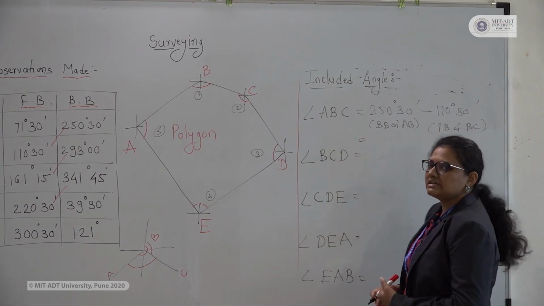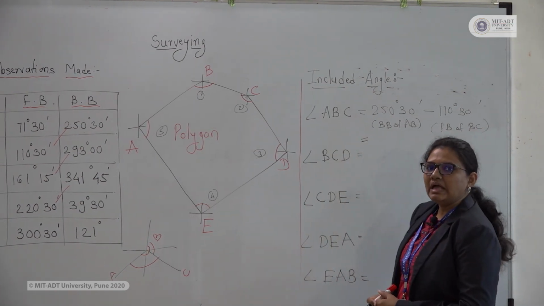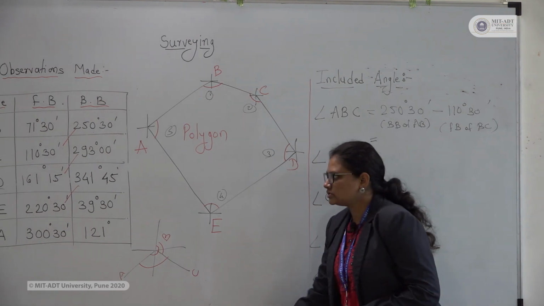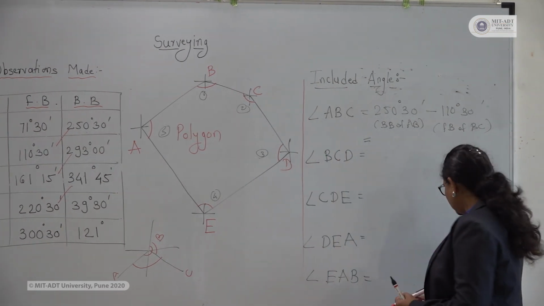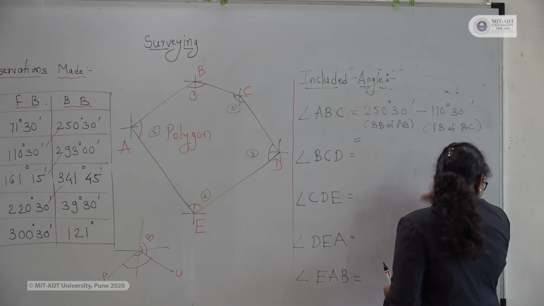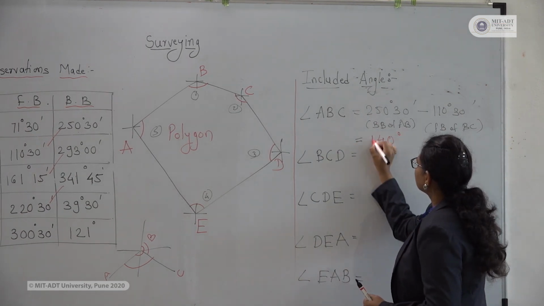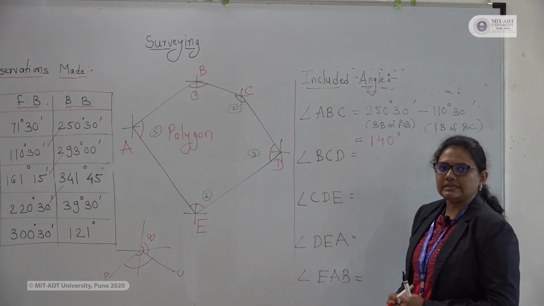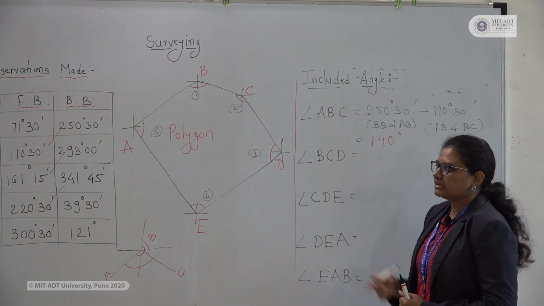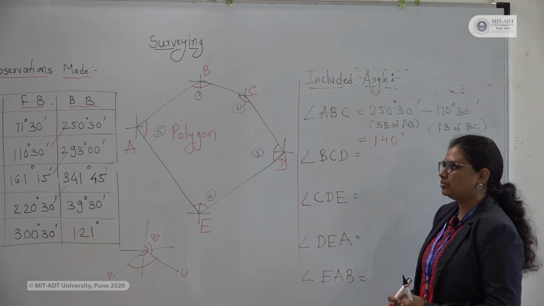By subtracting this you will get the included angle. Using your calculator, the value of the included angle is 140 degree. Similarly, for the next points we have to calculate the included angle.